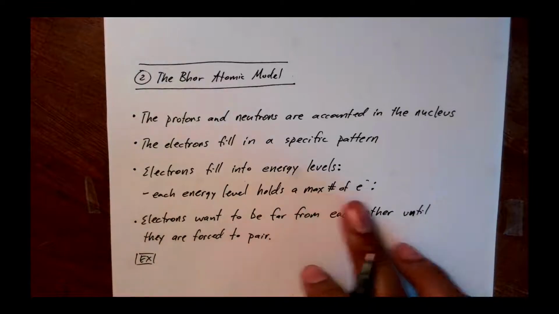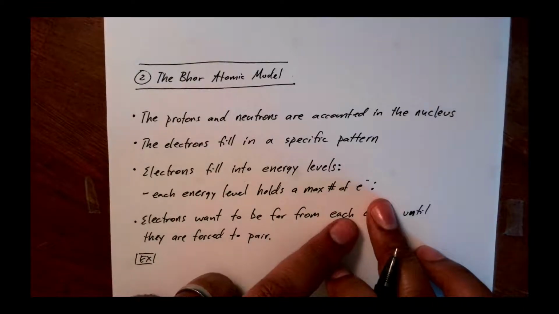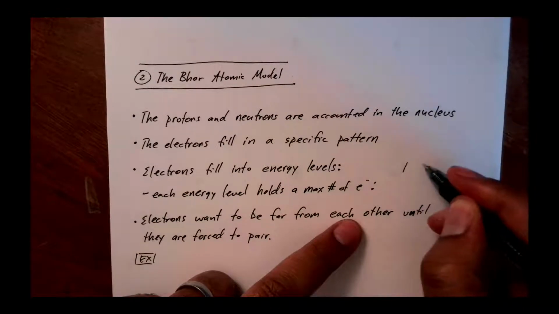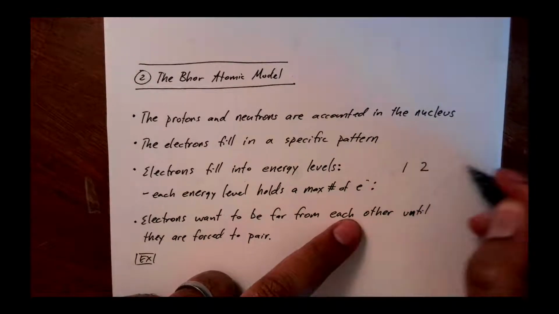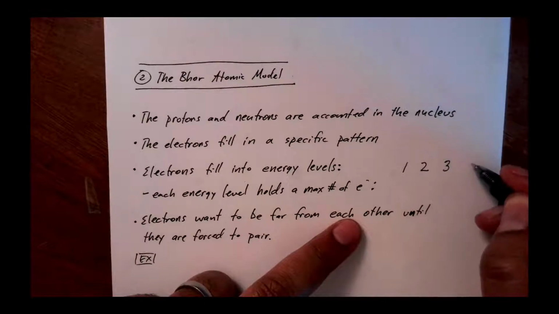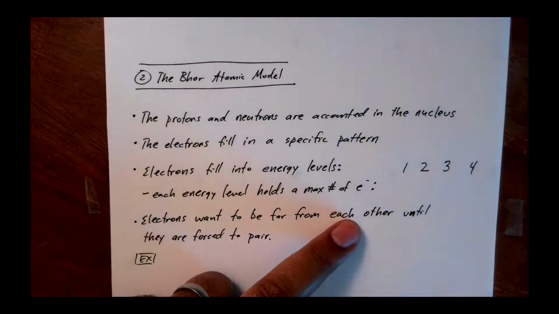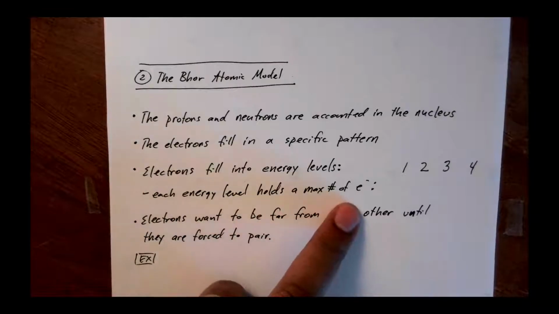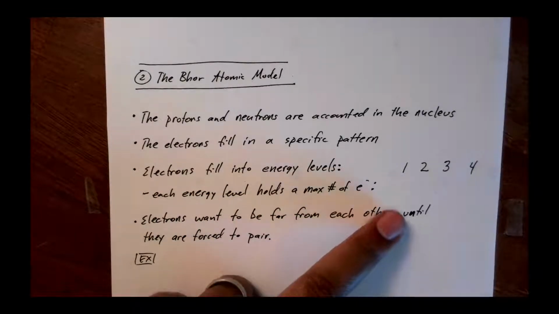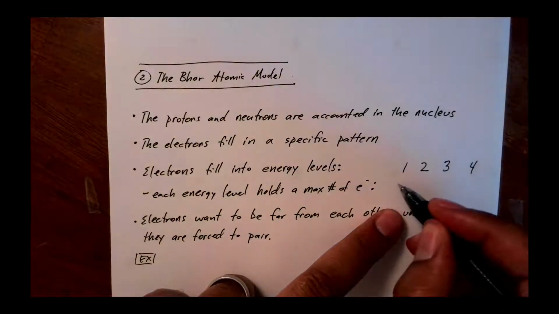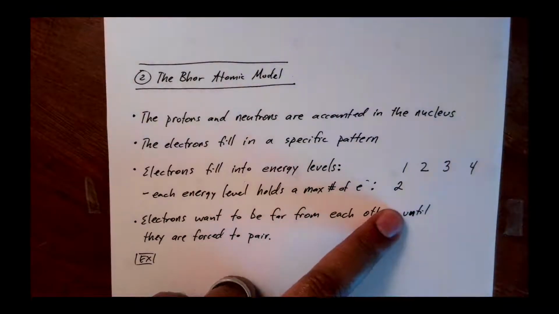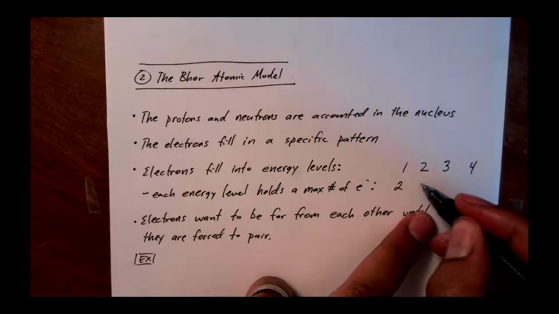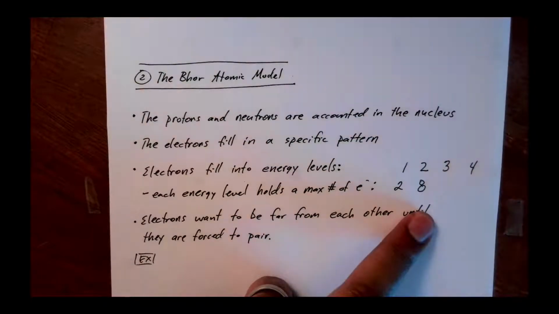Electrons fill into energy levels. We recognize 4 energy levels, which are simply numbered 1, 2, 3, and 4. Each energy level can hold a maximum number of electrons. The first energy level can hold a maximum of 2 electrons. The second energy level can hold a maximum of 8 electrons.